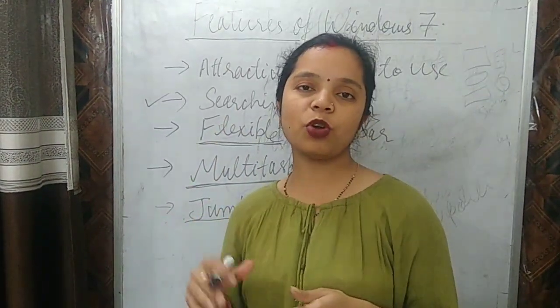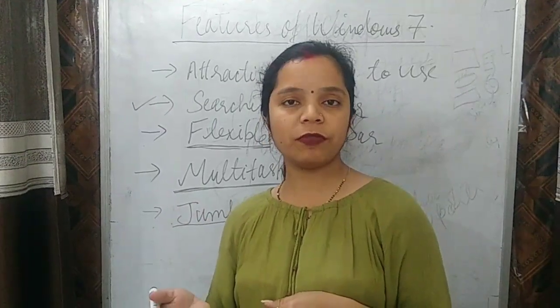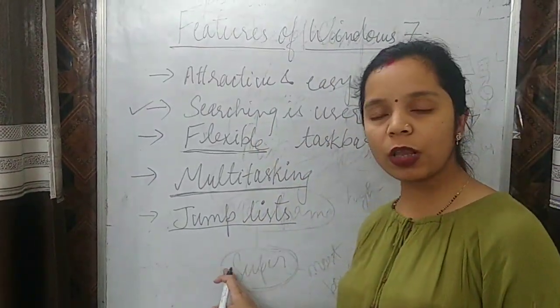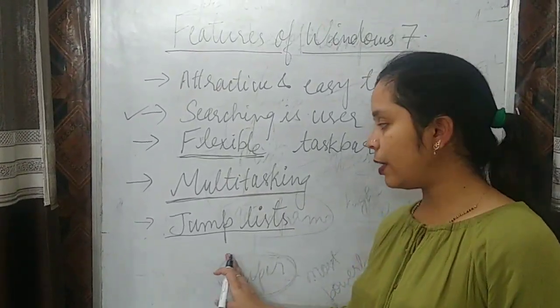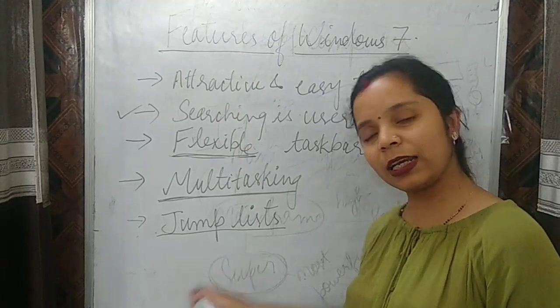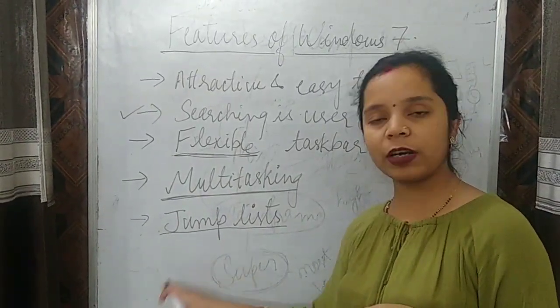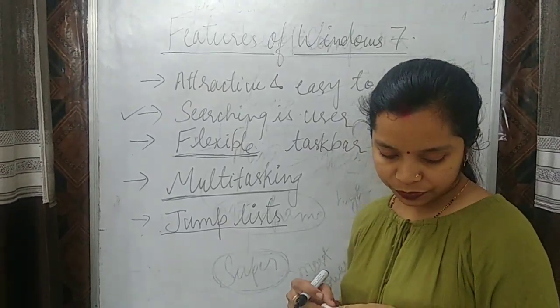Like the history option, where you can see all the websites which you have visited. So jump list makes a list of all the work which you are doing in the computer, and from this you can directly open that file which you have already visited. That is known as jump list.